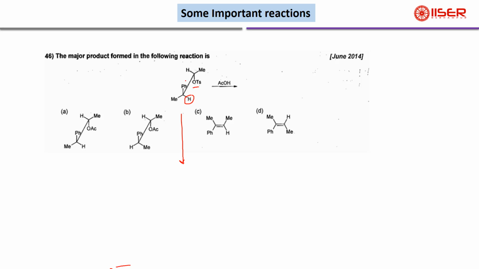That's why you have to rotate this bond. The rotation along this single bond is possible because this is a carbon-carbon single bond, so the energy barrier is quite low. So I'm just rotating this one, to keep the OTs anti to the hydrogen.